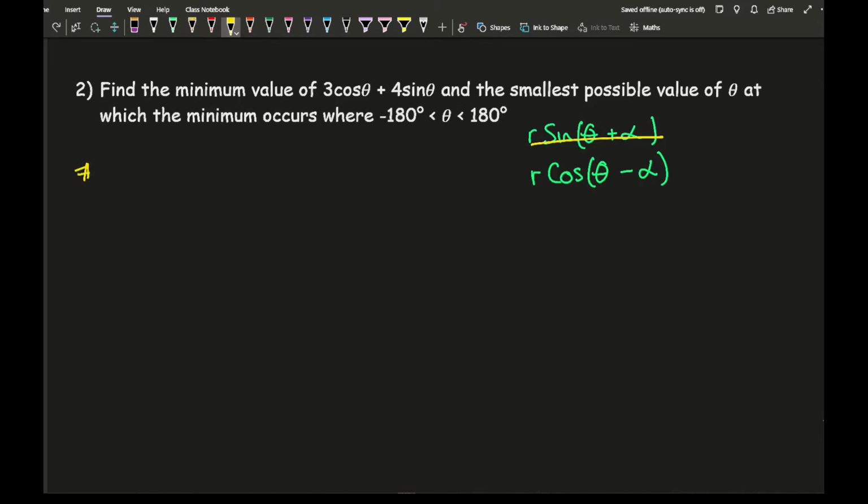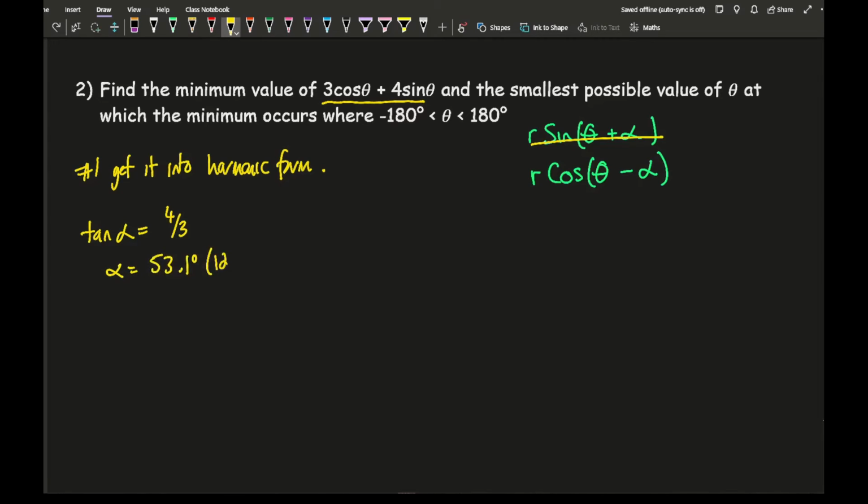So the first thing we need to do is get it into harmonic form. Now again, it doesn't really give me an indication, but the fact that this rings a bell means that I'm going to have to do something with it. So again, going for the shorthand version, tan theta equals 4 over 3. So theta equals 53.1 degrees to 1 dp.